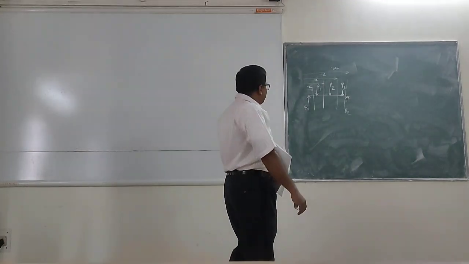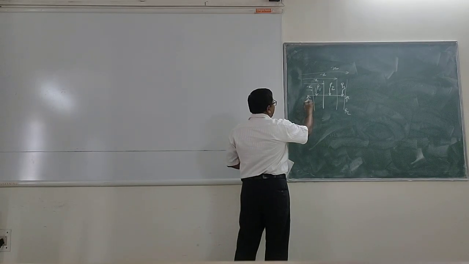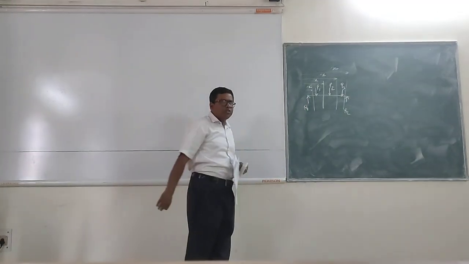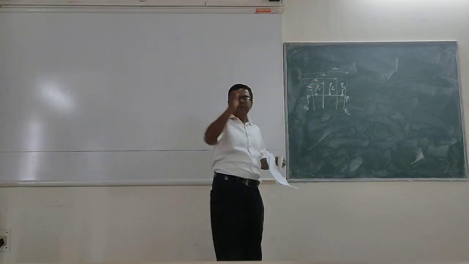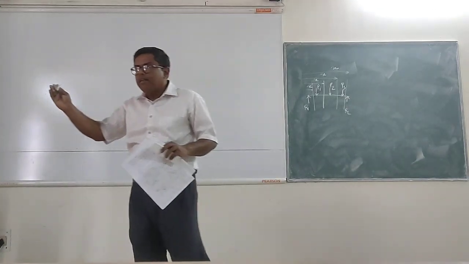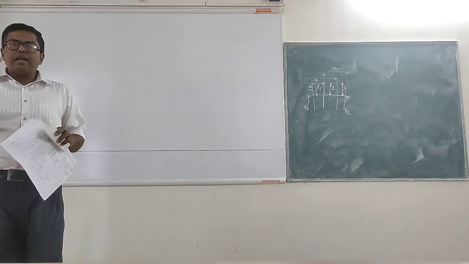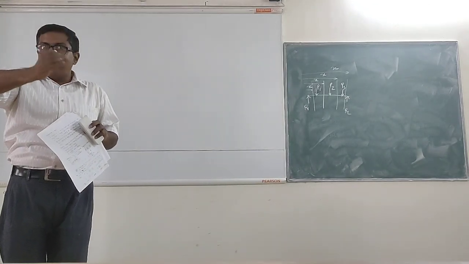So you see, if I write the moment equation up to this position, what is happening? X is varying, and at every step you are going forward.